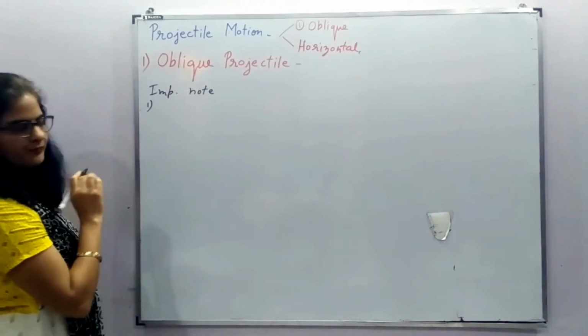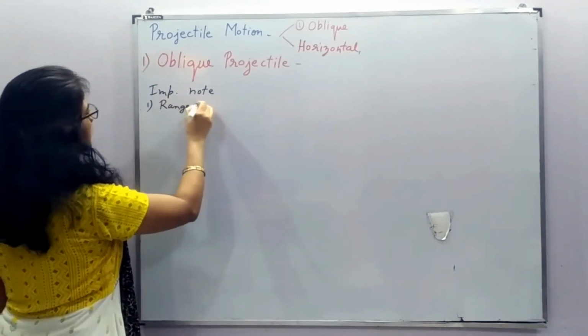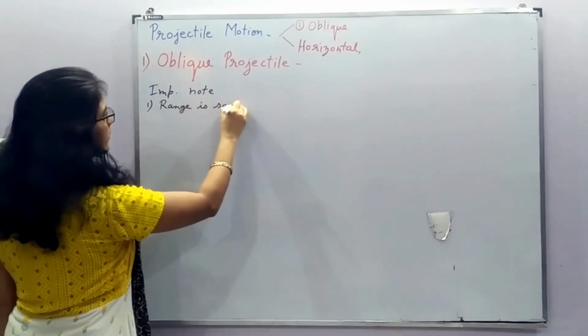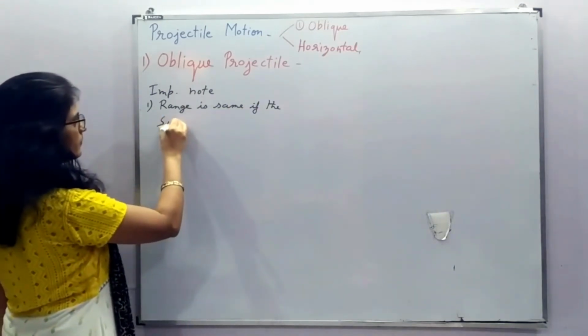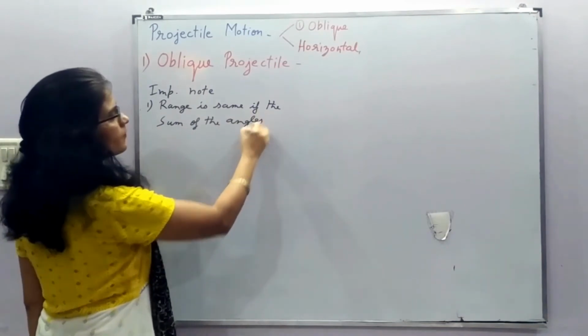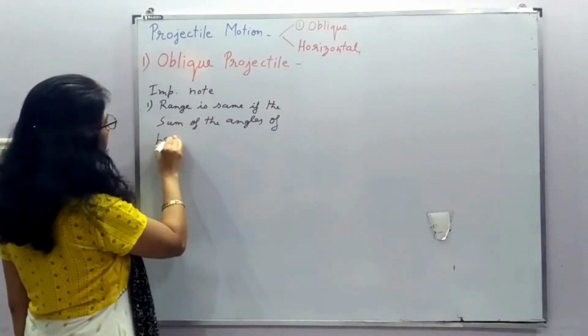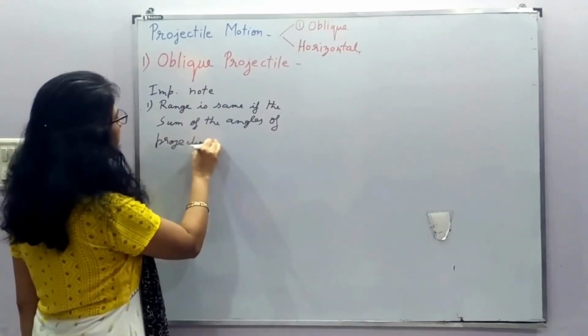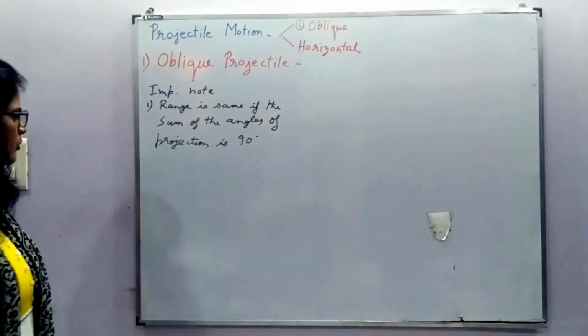Number 1, range is same if the sum of the angles of projection is 90 degree. So let's take the 2 cases.